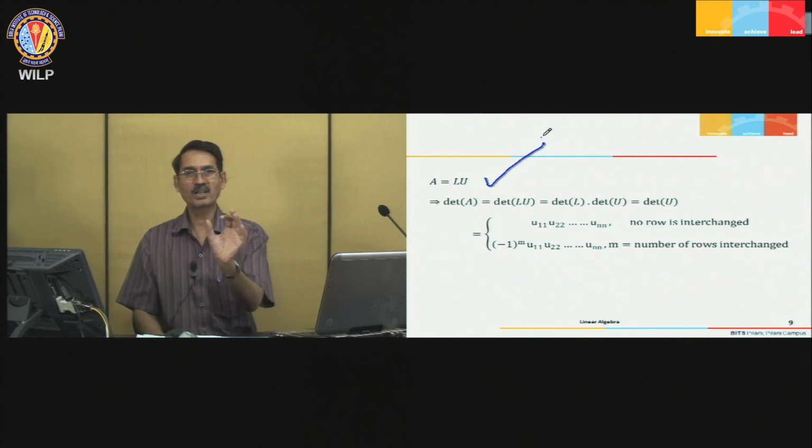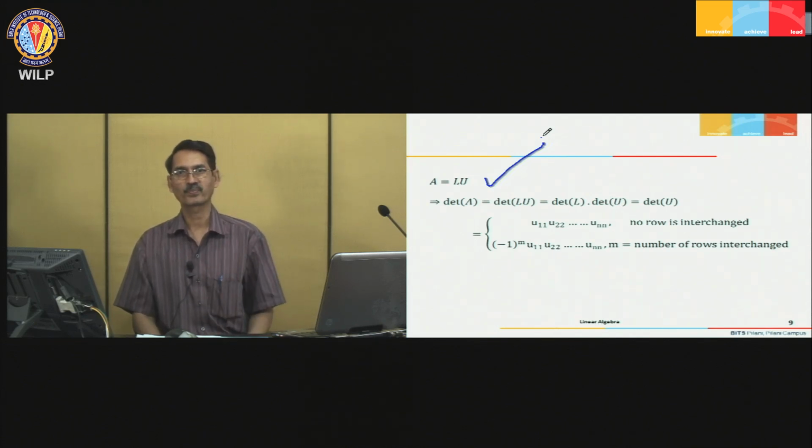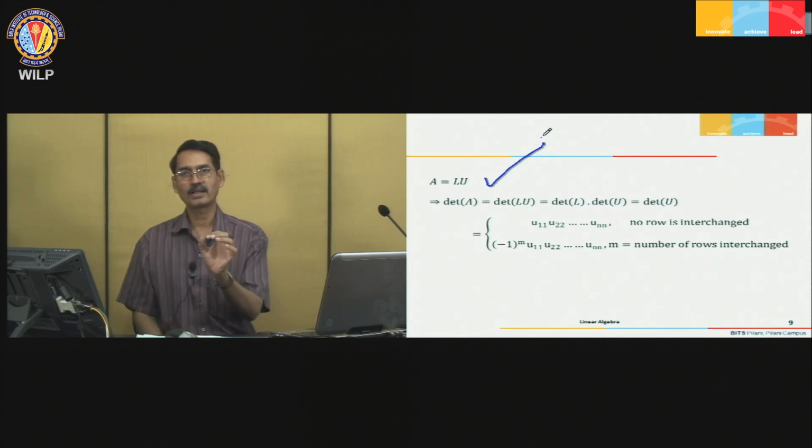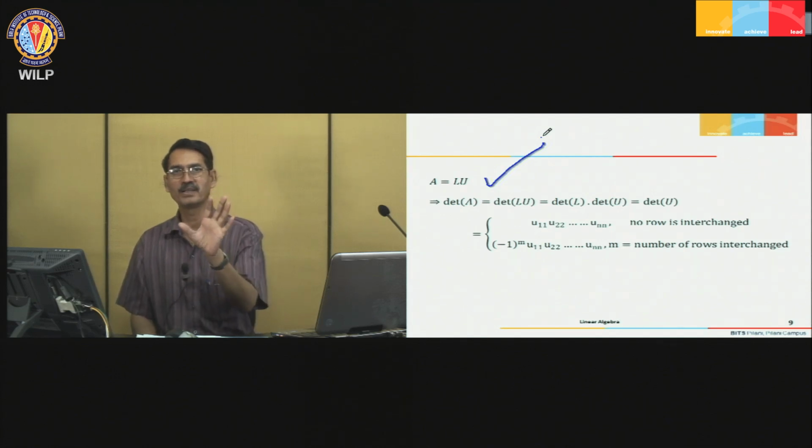So the moment any element is 0 on the main diagonal, the determinant of that matrix will be 0 immediately, if there is any element 0 sitting anywhere on the main diagonal.